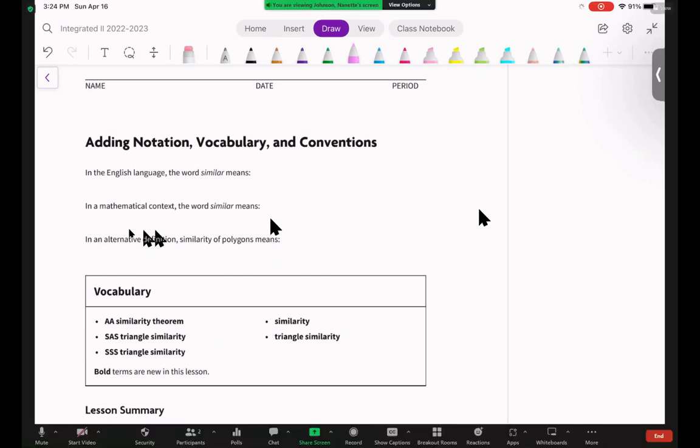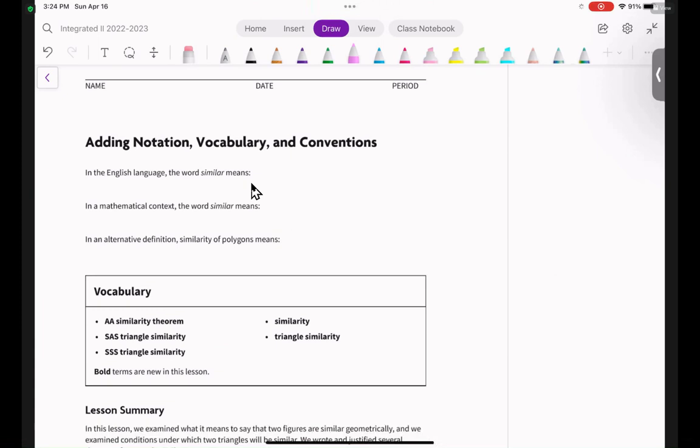Okay. So in terms of English, right? English for similar, it just means that they have some stuff in common. Like you and your classmate might have this class in common, right? But similar for math, it means two figures that can be carried onto the other figure by using translations, rotations, dilations, and reflections.